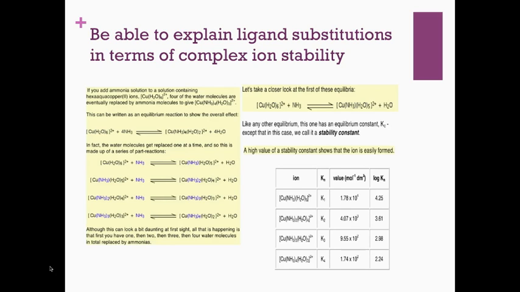We've found the equilibrium constant for this first equilibrium equation, and it's in the first top left of the table. You'll notice there that its log, or its stability constant, is 4.25.